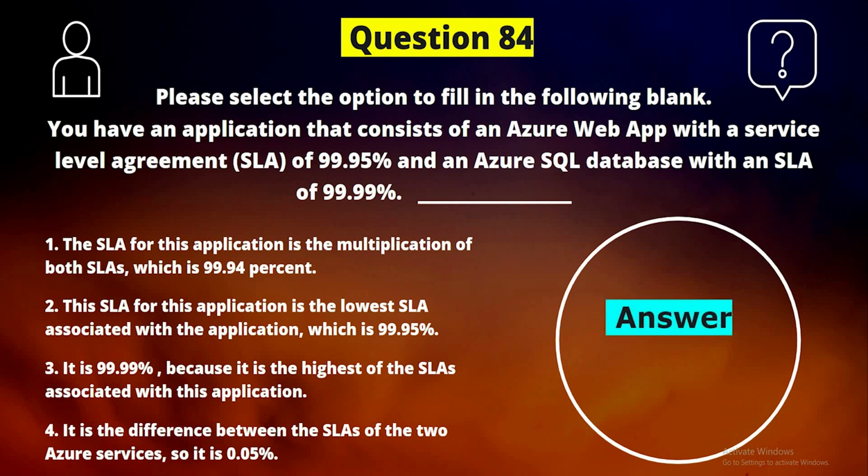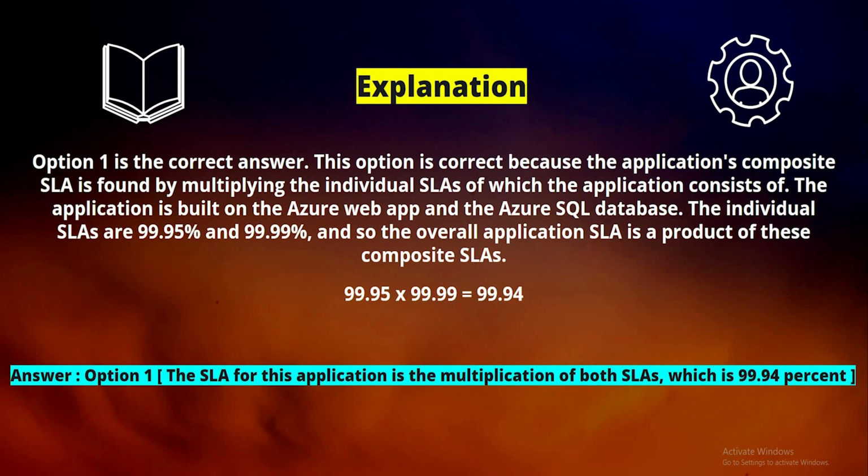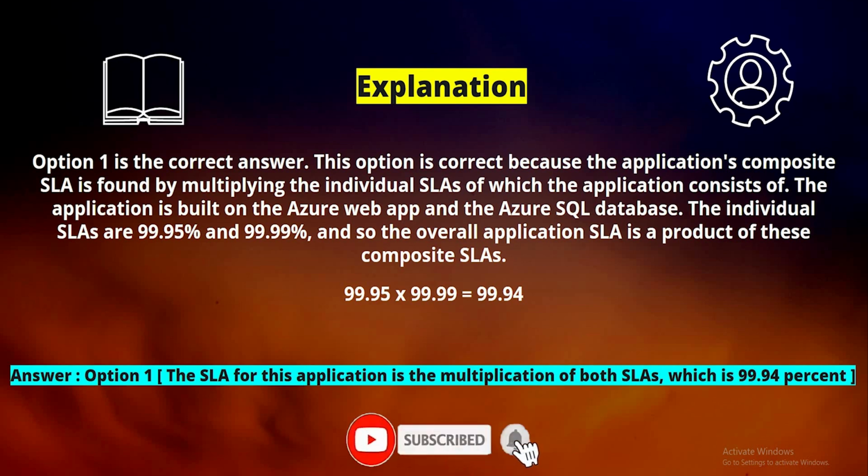And the correct answer is option 1. The SLA for this application is the multiplication of both SLAs, which is 99.94%. Explanation. Option 1 is the correct answer. The option is correct because the application's composite SLA is found by multiplying the individual SLAs of which the application consists.